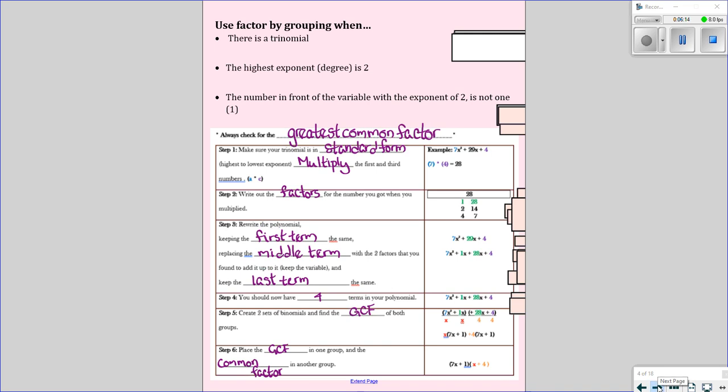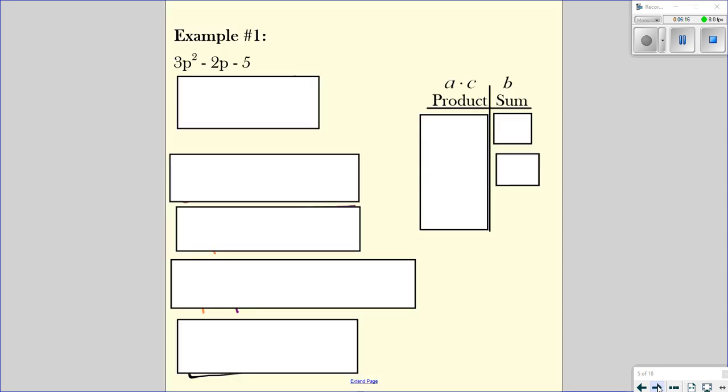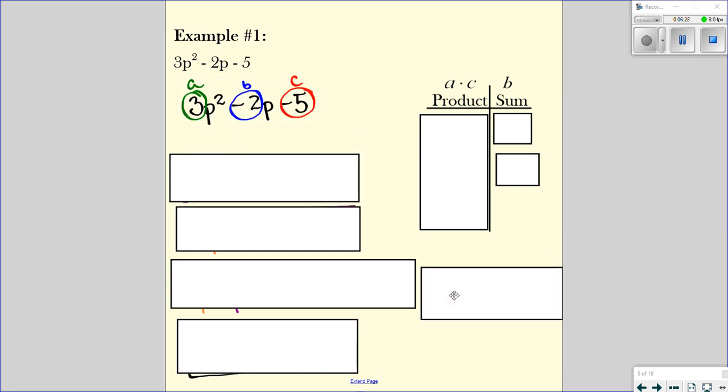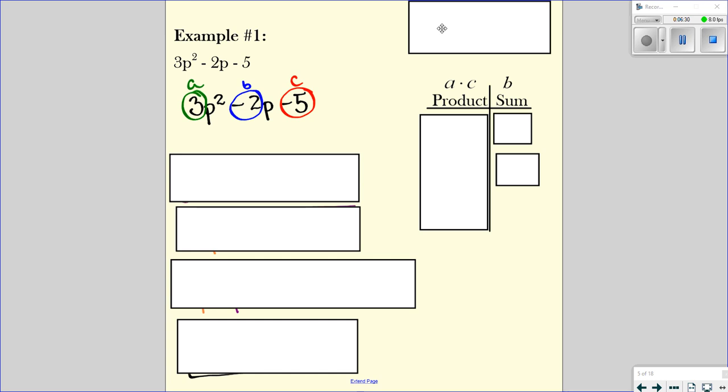So we're going to see an example using the steps that we just learned. So we have 3p squared minus 2p minus 5. So the first thing we're going to do is label your A, B, C, so that way, when we have to do the product and the sum, you know what to multiply and what two factors you need to find for the sum.